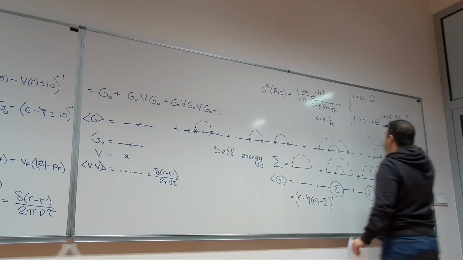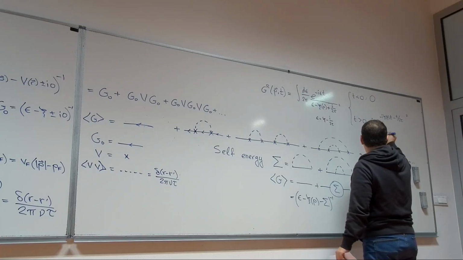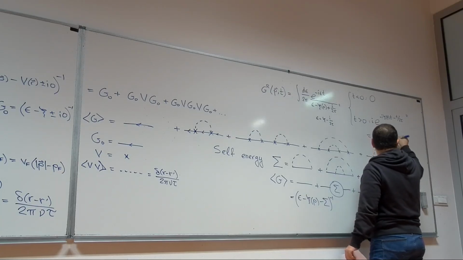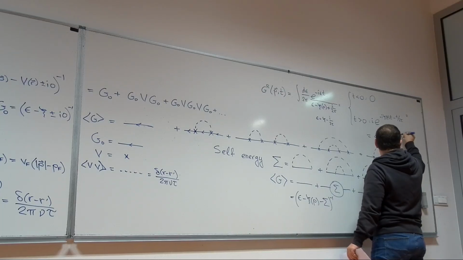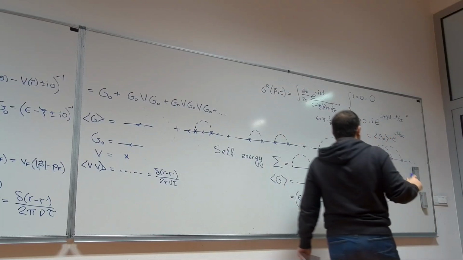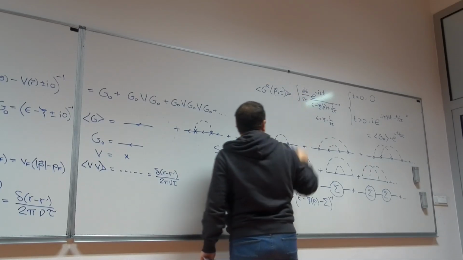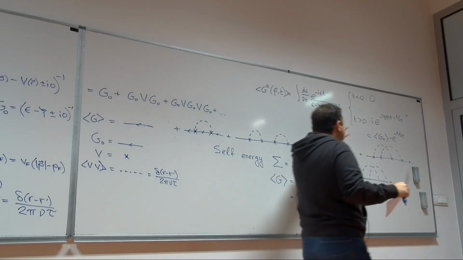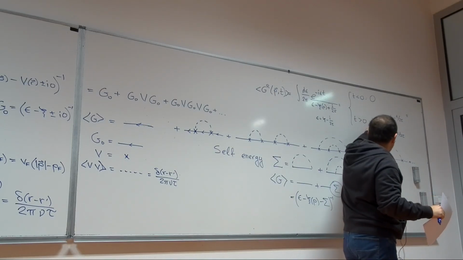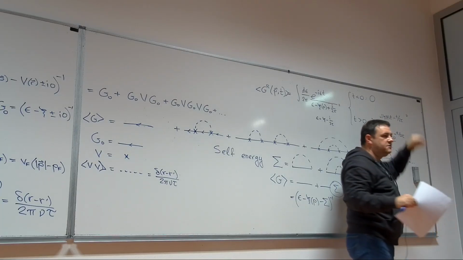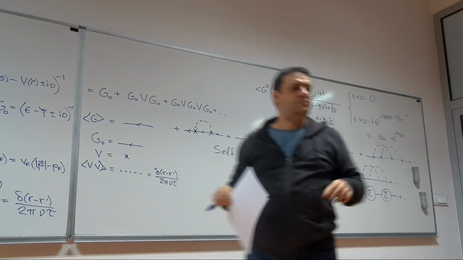So actually, what is written here is the clean Green function times e to the power minus t over 2 tau. The average Green function with disorder is the same as the clean Green function times this decaying factor.